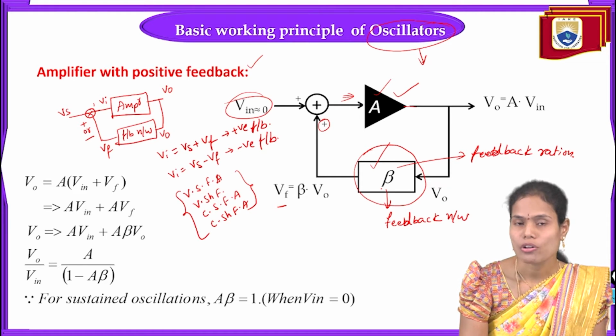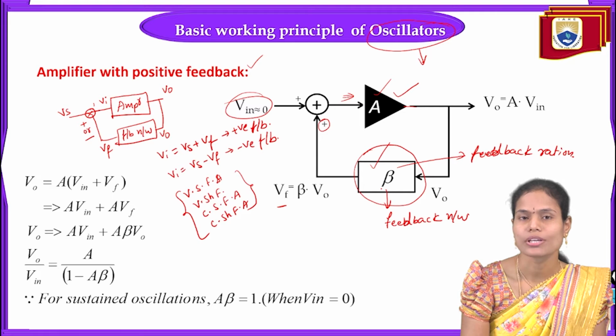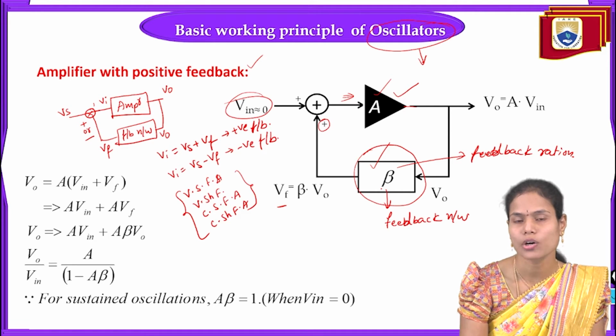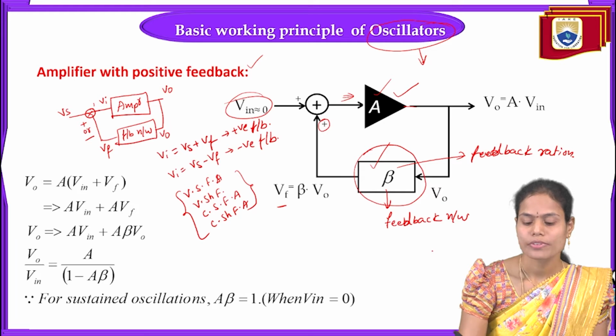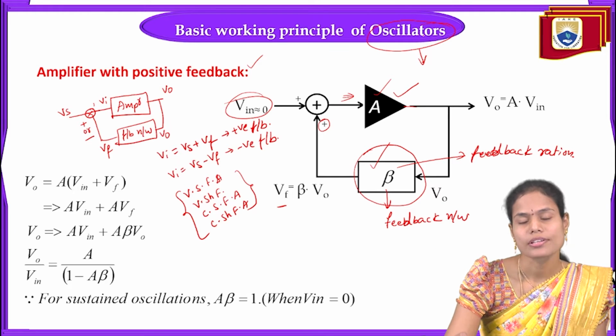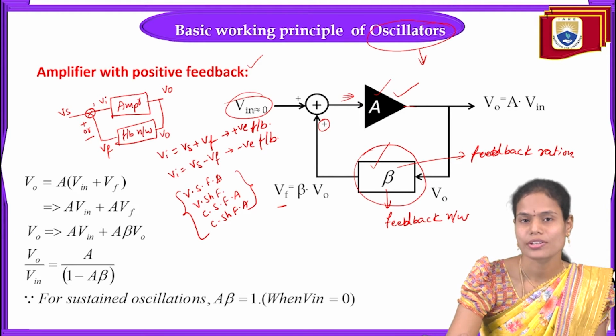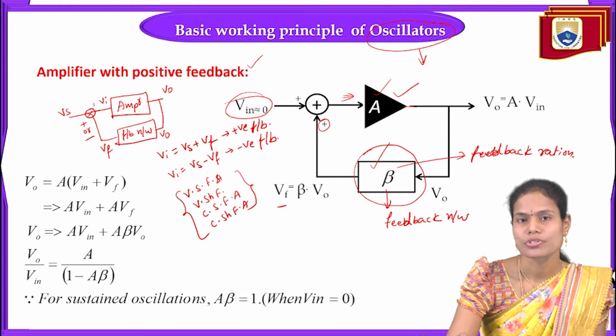That's why we can also call it a DC to AC converter, because we are providing only DC supply and we are getting the output as an AC signal, in any form, sinusoidal or non-sinusoidal. That's why we can also call the oscillator circuit a regenerative circuit. The circuit itself takes the input signal through the feedback and provides the output.